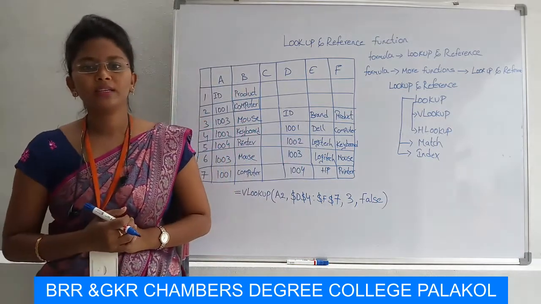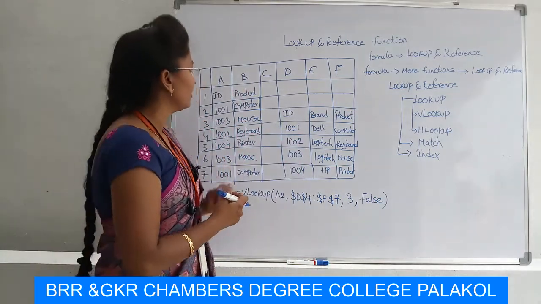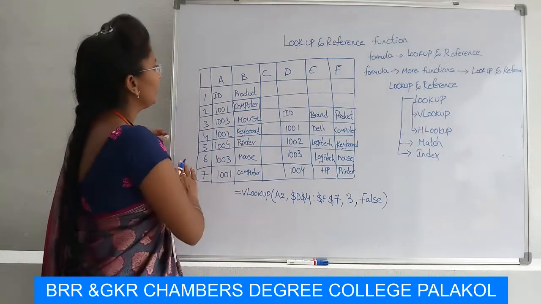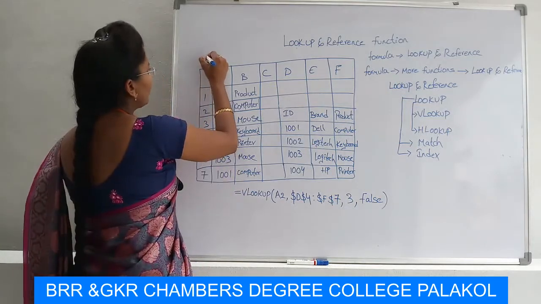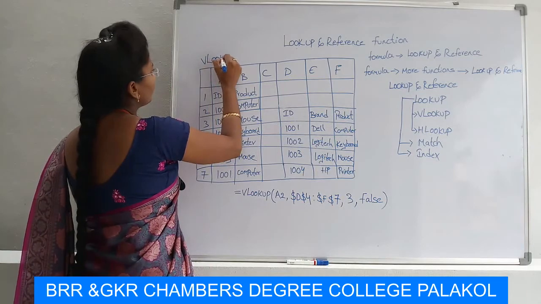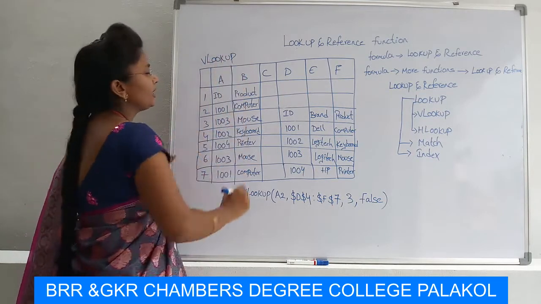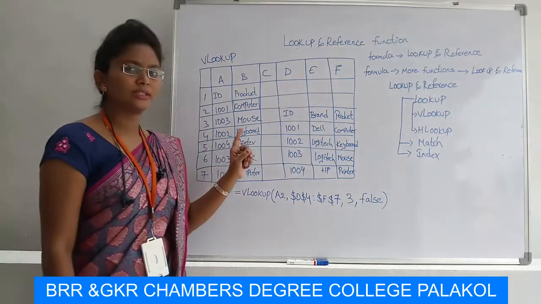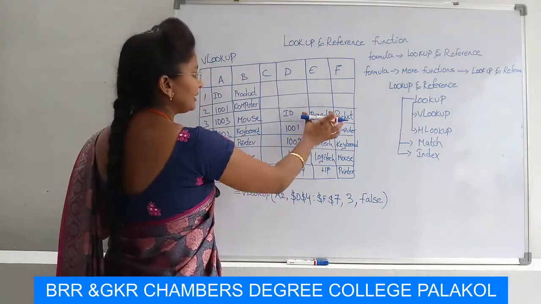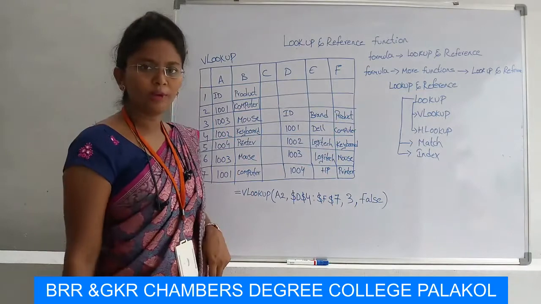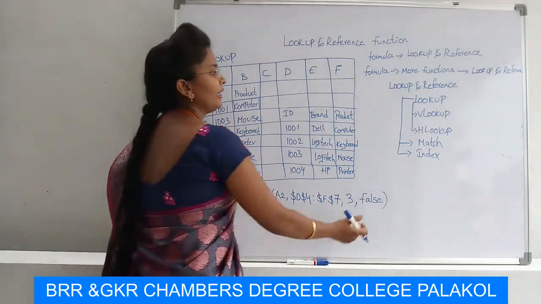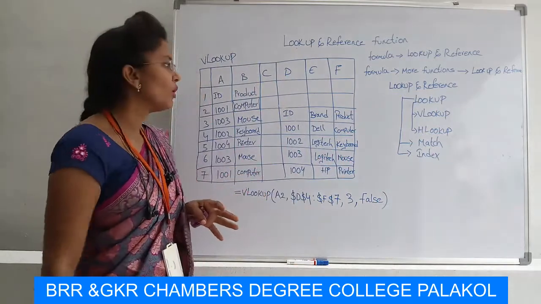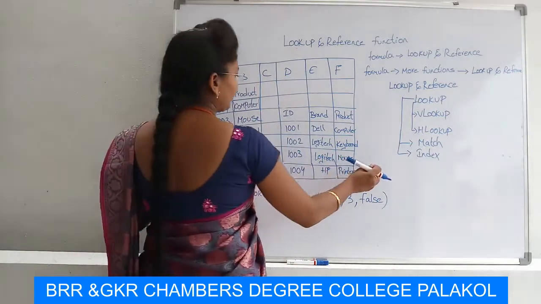And the next one is the HLOOKUP, that means horizontal lookup. And this is the vertical lookup. You can see the difference between the vertical lookup and horizontal lookup in the Excel sheet. Here I entered some data in a vertical way. For horizontal lookup, I have to enter the data in the horizontal direction.